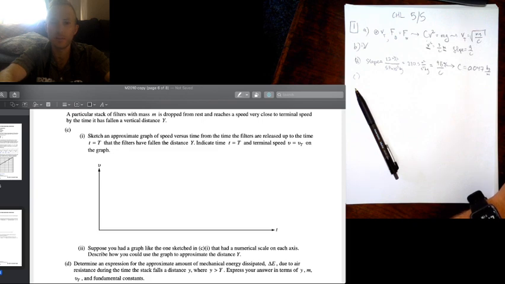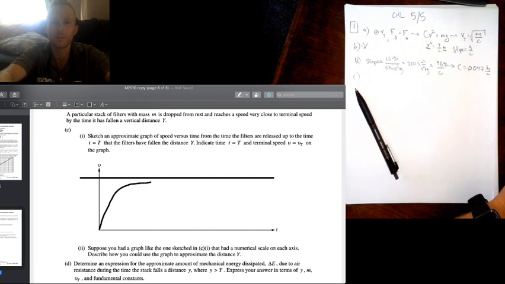Okay, so I'm just going to make the terminal speed right here. Basically, what this graph is going to look like is something like this. It's going to asymptotically approach the terminal speed, maybe something like that.